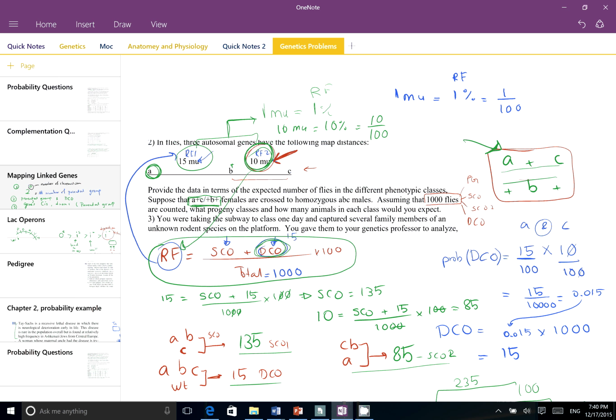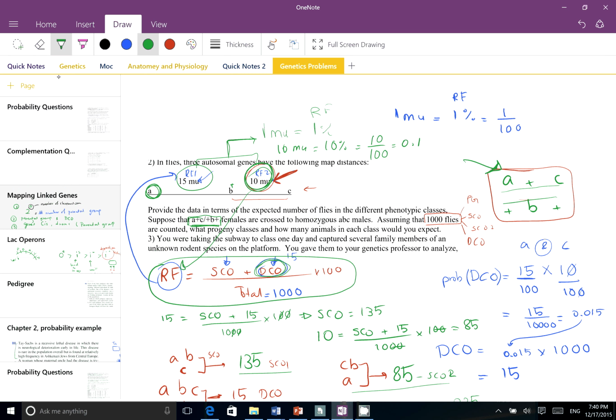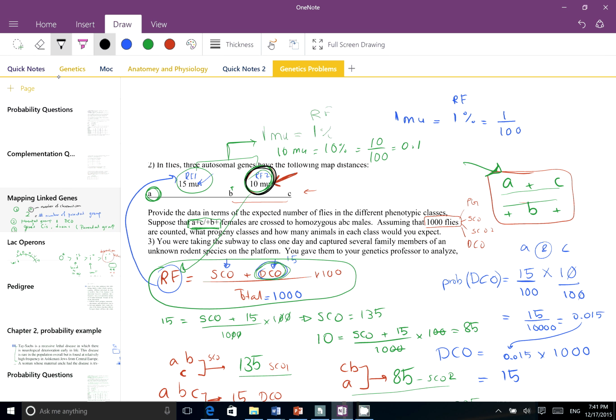So you'll get this to be 0.1. So when you convert these two numbers back to their original decimal form, instead of having them in percentage, you multiply both the numbers, and then once you get that decimal number, you multiply it by the total.